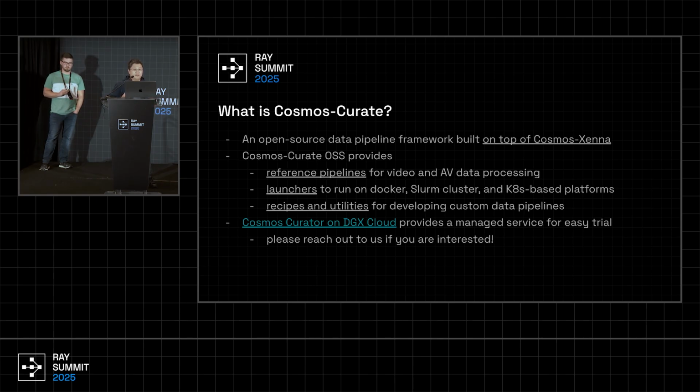It also provides a CLI launcher that can help you first build the image, and also launch on Docker locally or onto a Slurm cluster or onto some Kubernetes-based platform. It also includes a lot of recipes and utilities for developing new data pipelines.